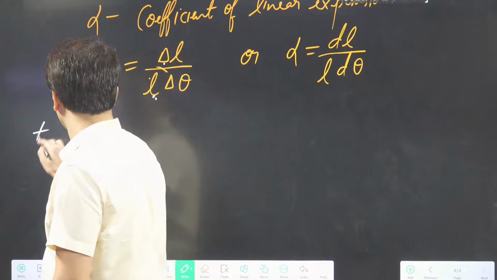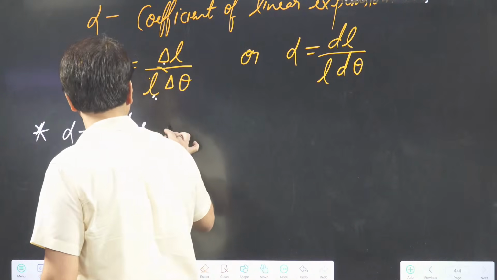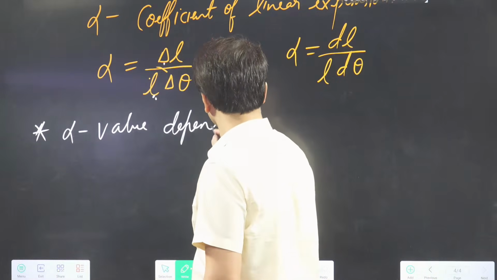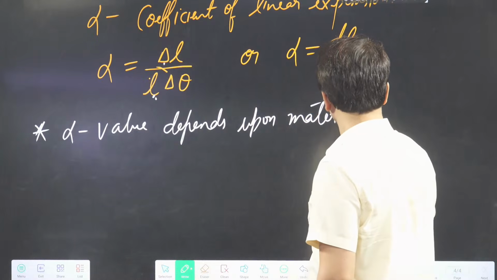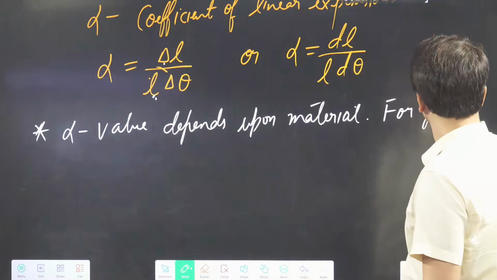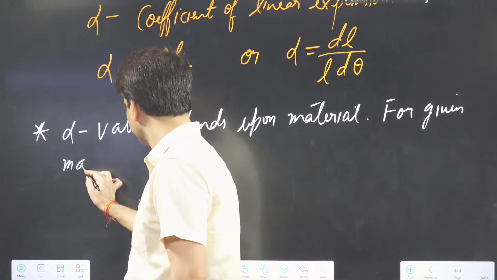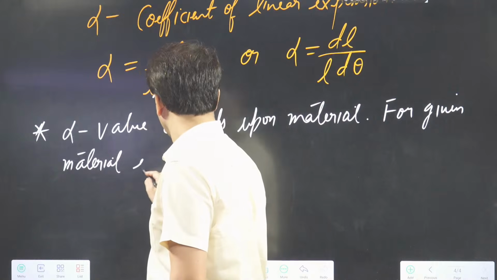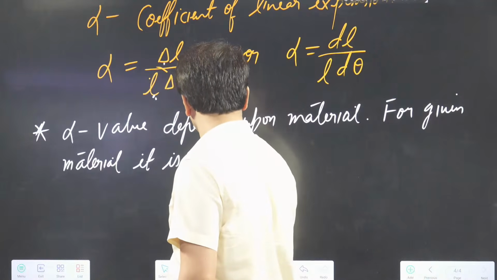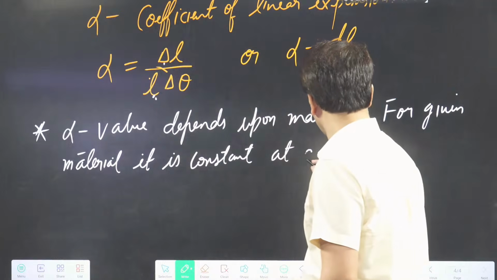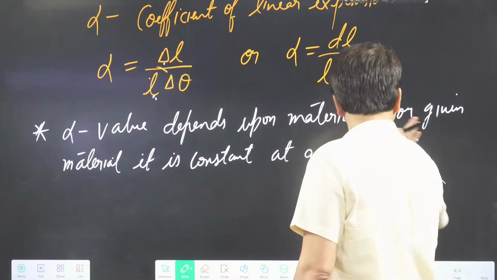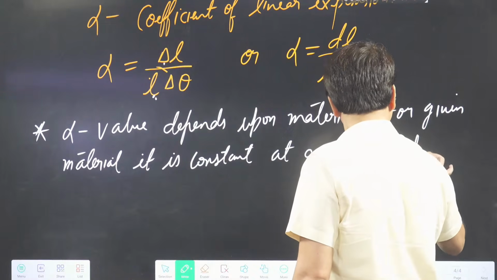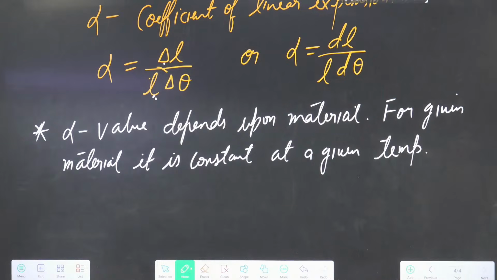So alpha value depends upon the material. For a given material, it is constant at a given temperature.